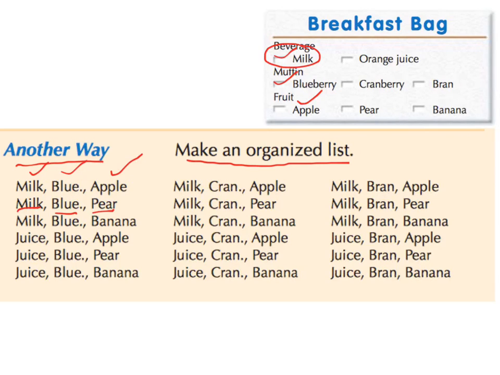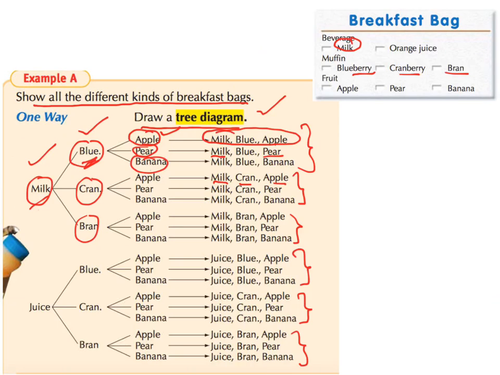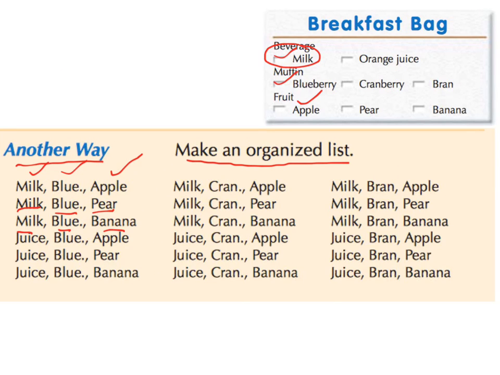You can choose the third option, milk, blueberry and banana, and so on. So this is another way of listing all the options. One way is the tree method and the other way is the organized list method.